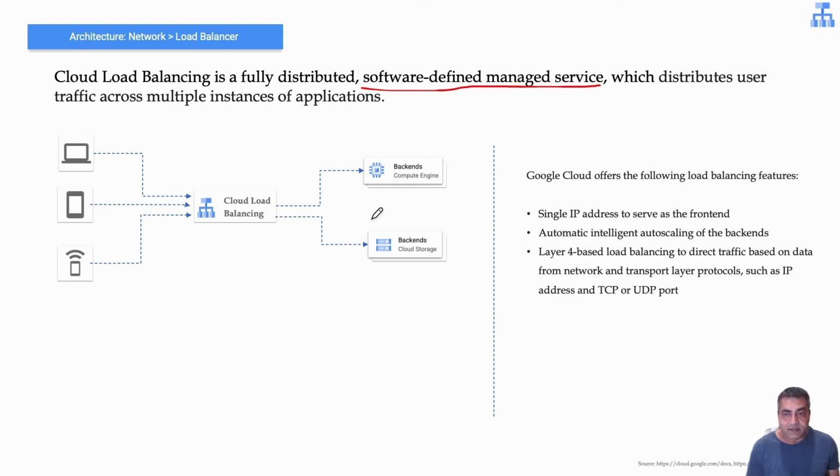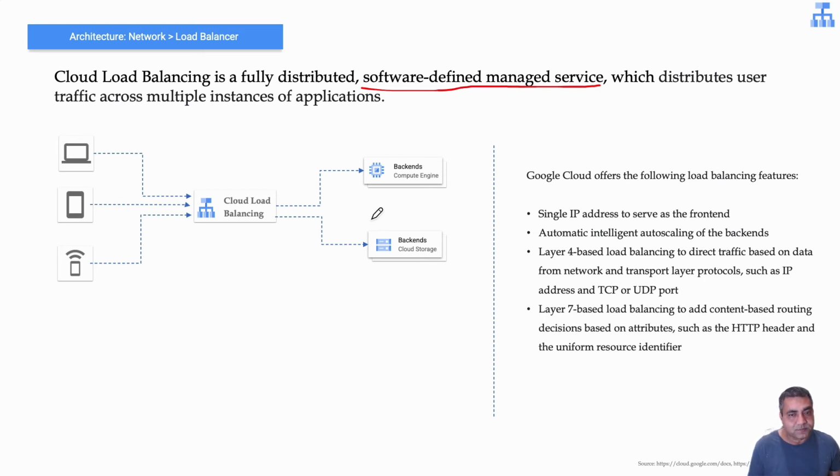Layer 4 based load balancing directs traffic based on data from network and transport layer protocols such as IP address and TCP or UDP port. So it's basically based on IPs and ports.